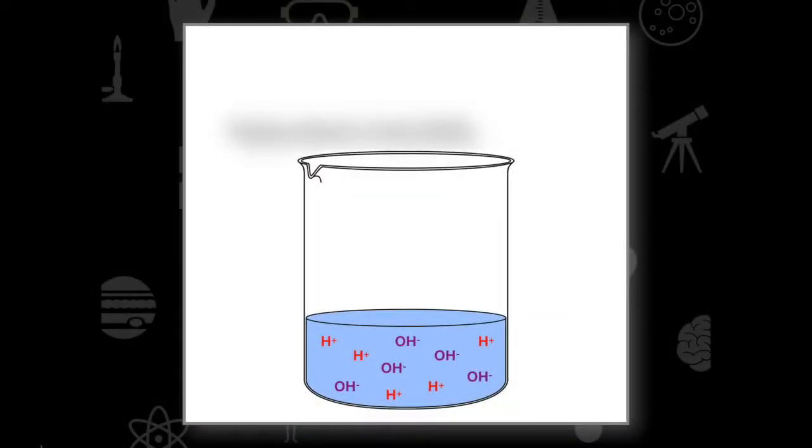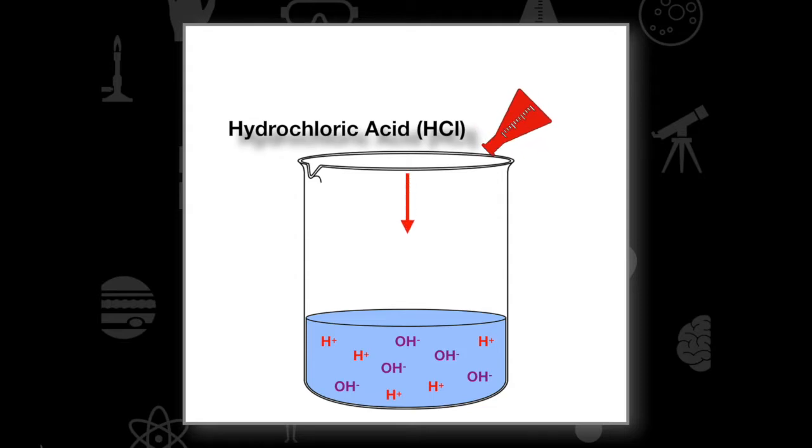So let's try to understand what is happening in the solution if I add hydrochloric acid to it. HCl is going to split up into its counterparts, and I'm getting an acidic solution because my hydrogen and my chlorine are going to separate in the solution. As a result, I get chlorine ions and hydrogen ions in the solution.